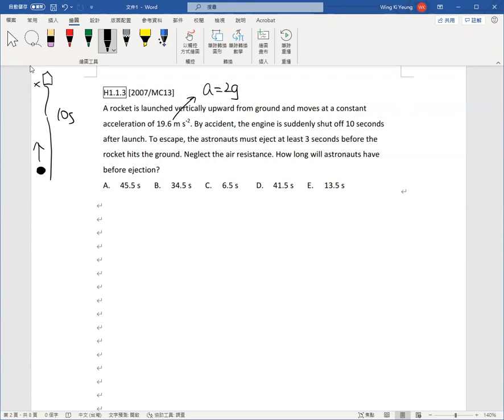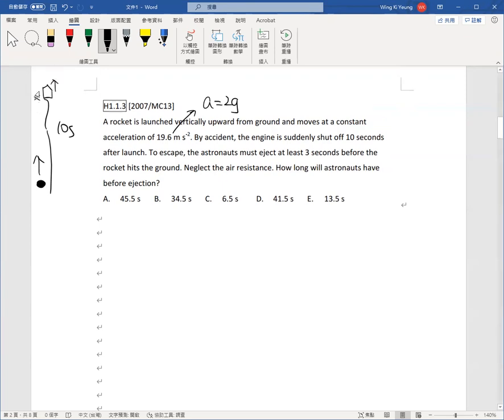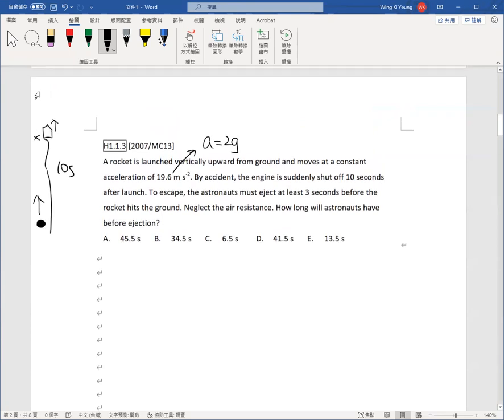Does the object still have some velocity upwards? It does. Let's say for your car, when your engine is just shut off, it doesn't mean that the car will be stopped instantaneously, is it? So the object will still move upwards, and then after some time it falls.